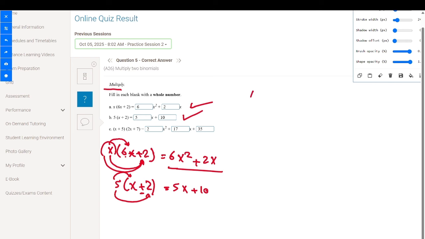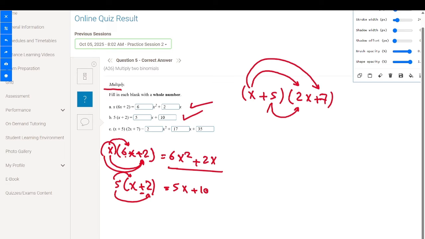Now here, x plus 5 multiply 2x plus 7. It means that x will be multiplied by 2x, and x will multiply with 7, then 5 will multiply with 2x, and 5 multiply with 7. So let's now take x multiply 2x, it will be 2x squared.